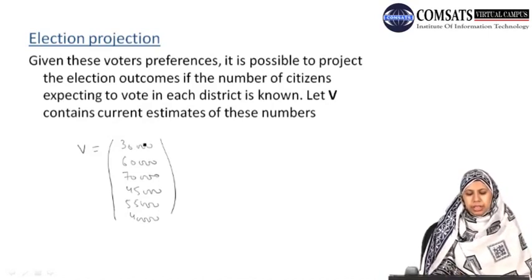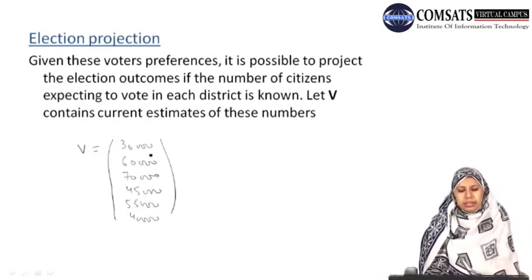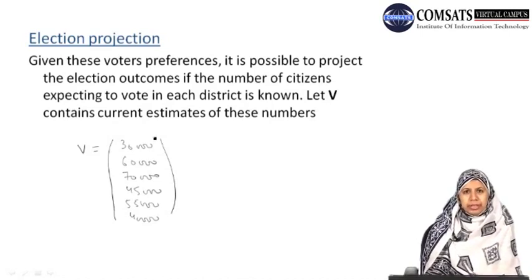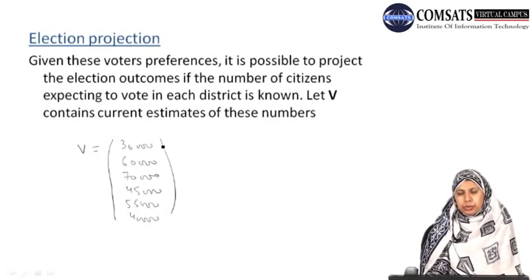Now this matrix V gives us the information about the number of expected citizens from each district who are expected to vote.